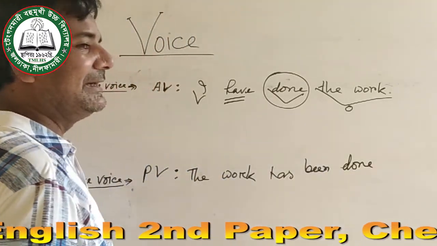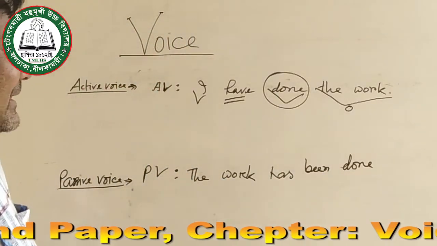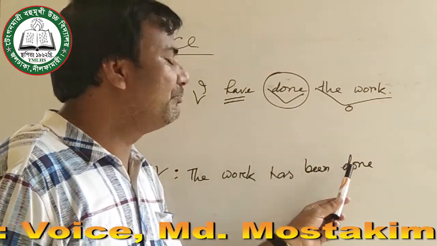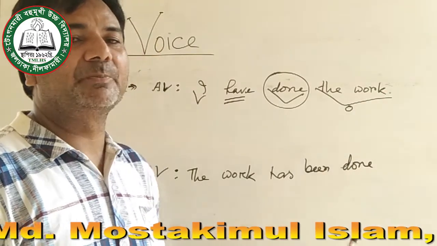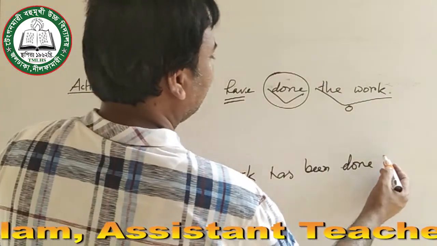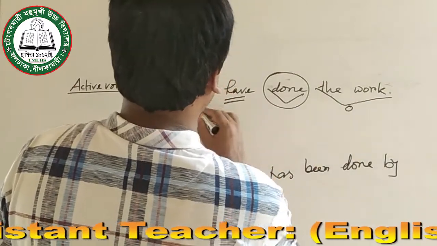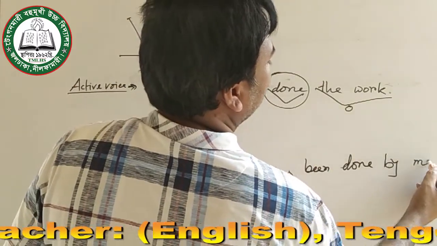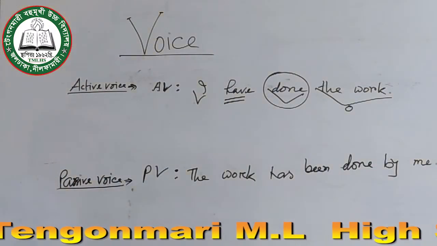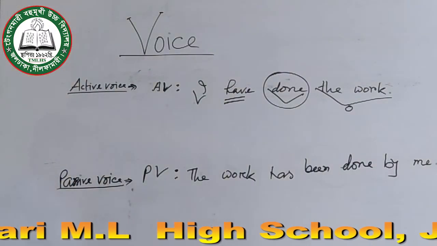In three perfect tenses we will have to use been before PV or principal verb, done by, here is I, so me. The work has been done by me.